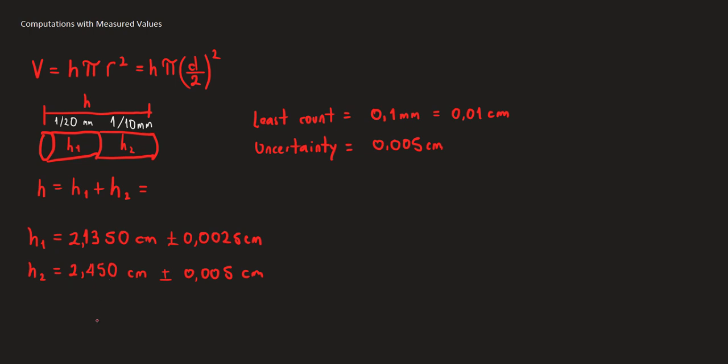So in order to add these two heights, we will sum this. But actually, when we add, for instance, this figure with a non-existent figure here, we're saying that we don't know exactly which kind of figures are here.